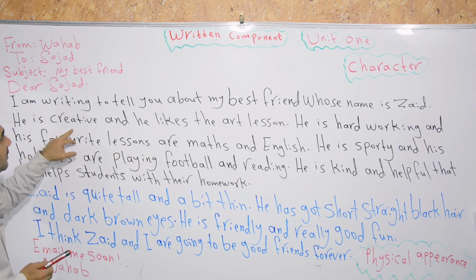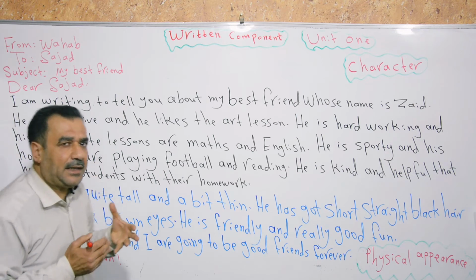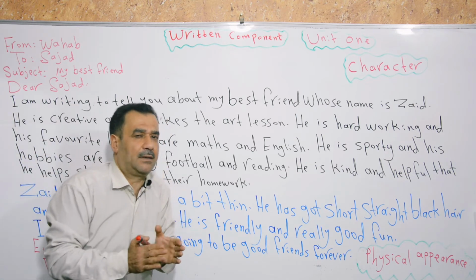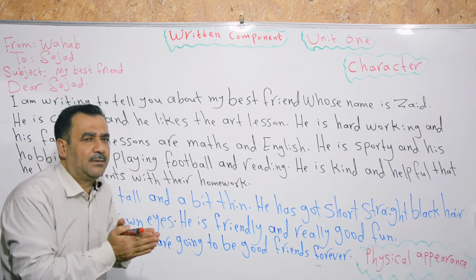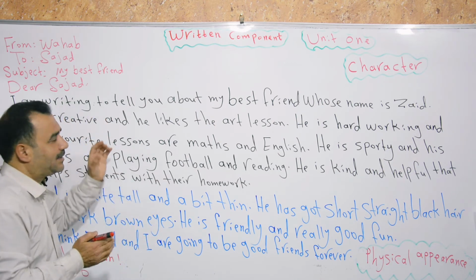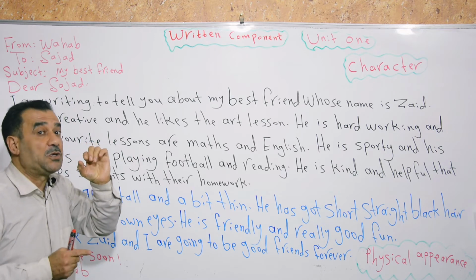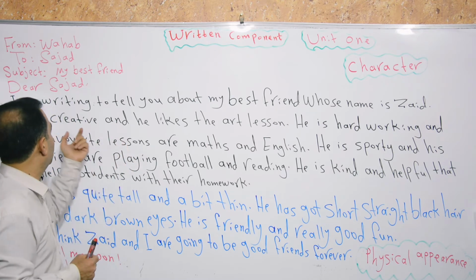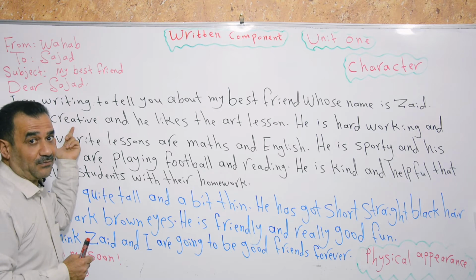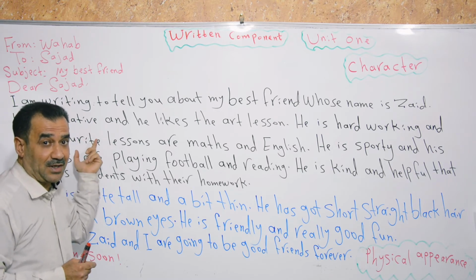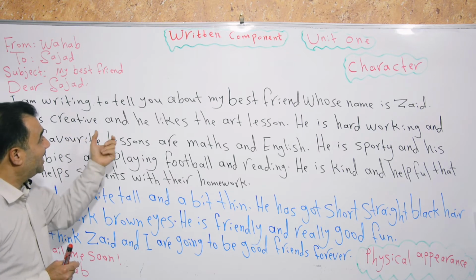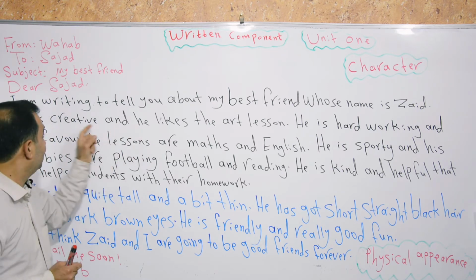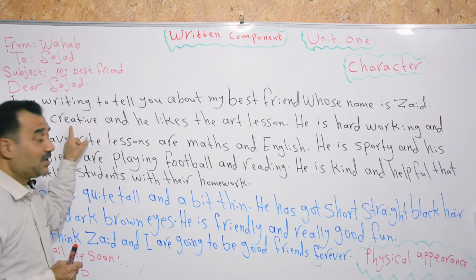He is creative. When I say he is creative, it's better to what? It's advisable to write a sentence that shows whether he is creative or not. Why is he creative? So I'd like you to write a sentence that shows he is creative. He is creative.